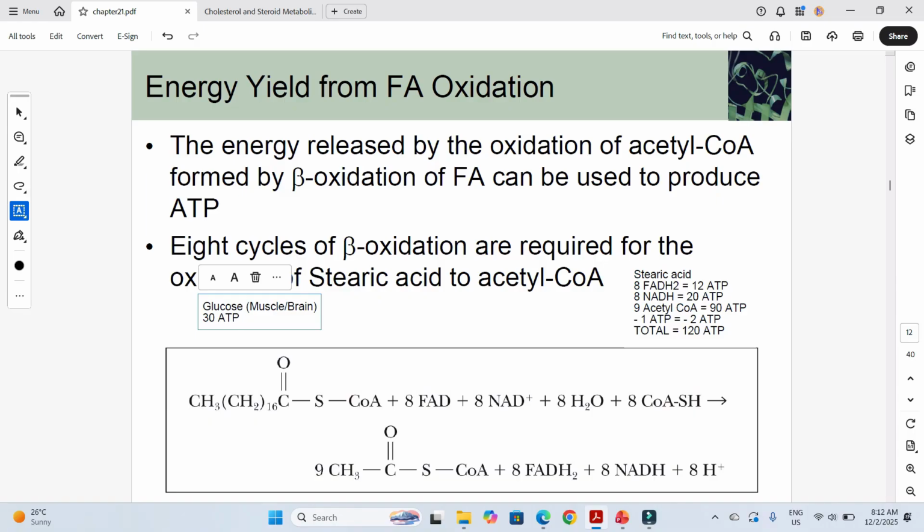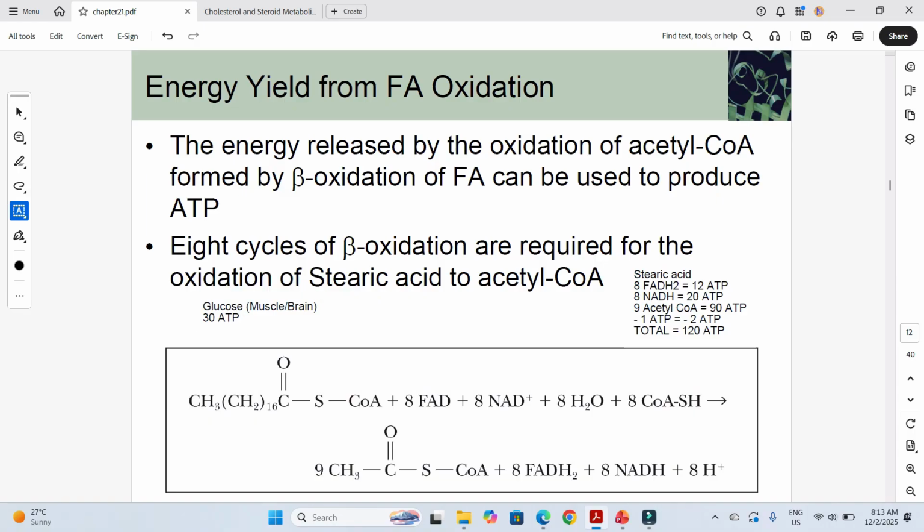Okay, we're going to revisit that idea or that concept again when we talk about the regulation and the glucose tolerance curves, right? What happens when people go on a fast, etc. But that's one of the primary reasons, among other things, of course.